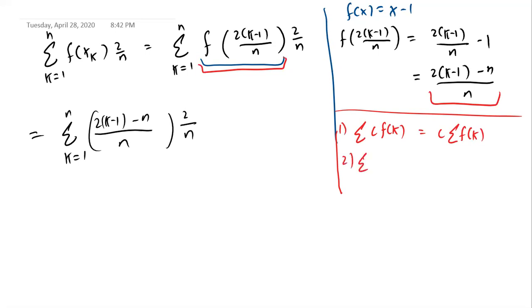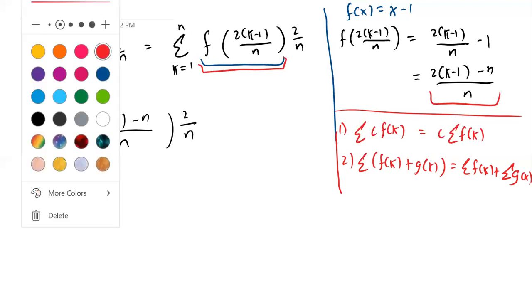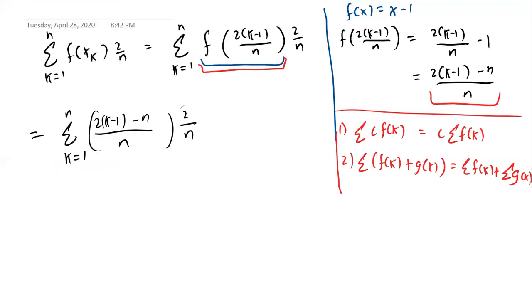Similarly, if you have a sum of a function involving k plus another function involving k, you can separate it as the sum of the first one plus the sum of the second one. Now this is going to be useful when we simplify this because, for example, this 2 over n is a constant. If n were 5, it would just be 2 over 5, which means that we can move this out. This 1 over n here is also a constant, so we can move it out.